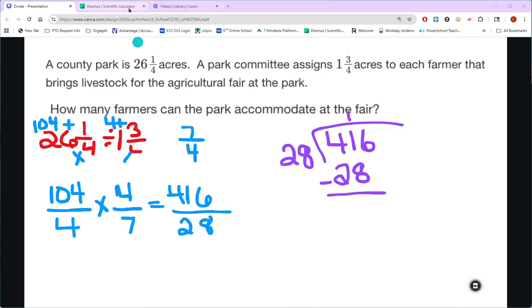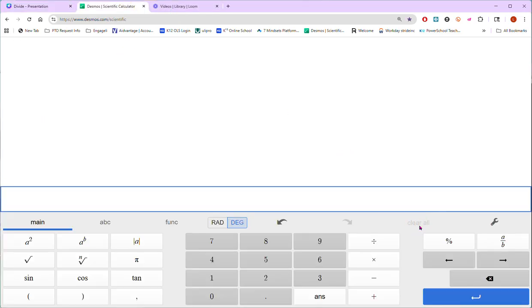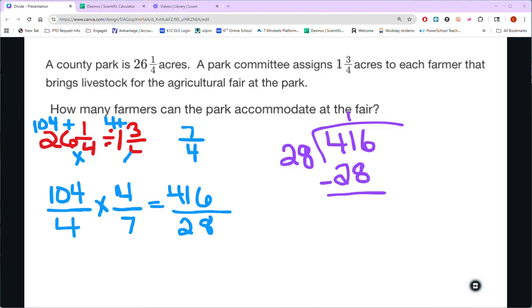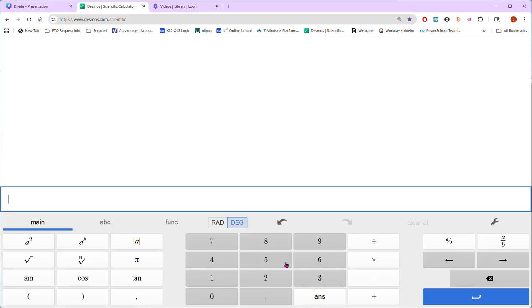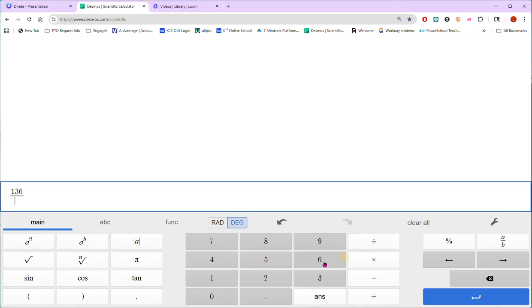I'm going to subtract 42 minus 28 and get 14. And then I'm going to bring my 0 down. Get 140 divided by 28.